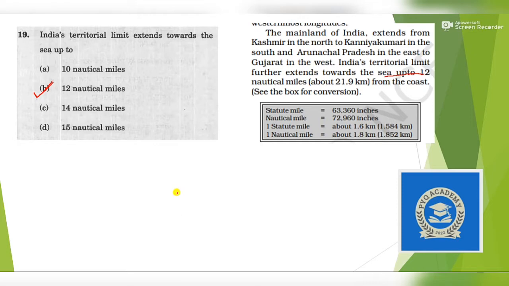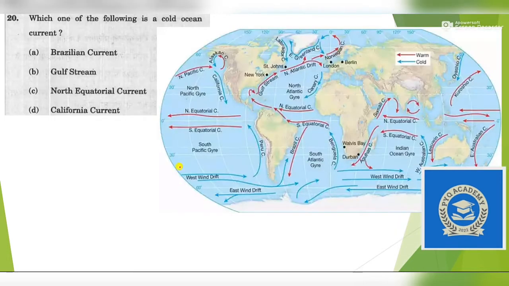Now moving to the next question. It is given, which one of the following is a cold ocean current? This is a common question on cold or warm ocean currents. You can see here in the image, which you can also get in NCERT itself. There are two kinds of currents, one colored in blue and another colored in red.